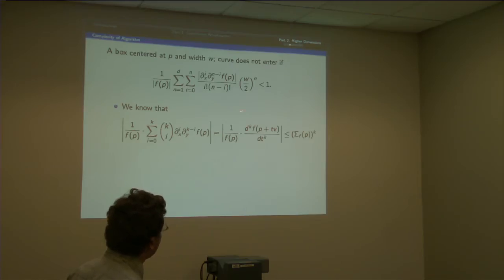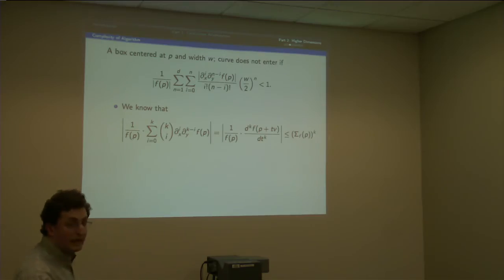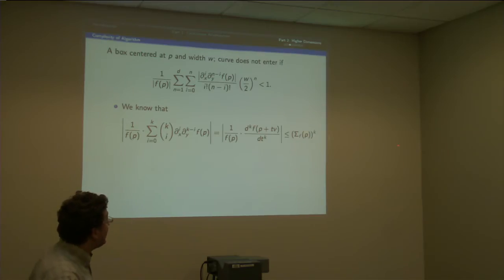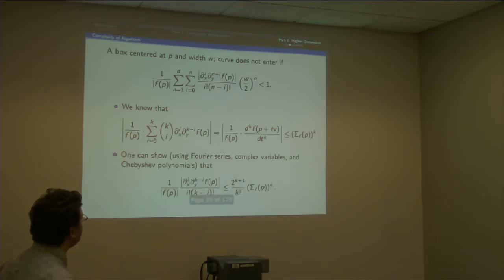If I take the derivative as a one variable problem, and you expand it using the chain rule, you get a sum that looks kind of like this. And the previous slide tells me that this is bounded by that quantity. All right, so therefore I've got a sum here that's bounded by this quantity, whatever that is. It's a geometric quantity. Unfortunately, it's not quite what I need.